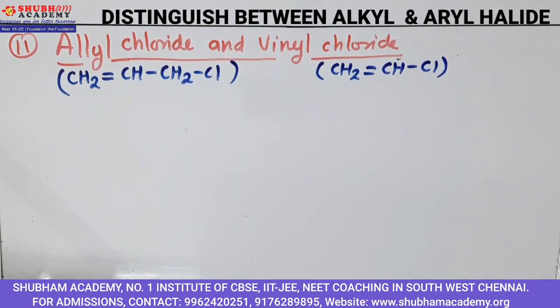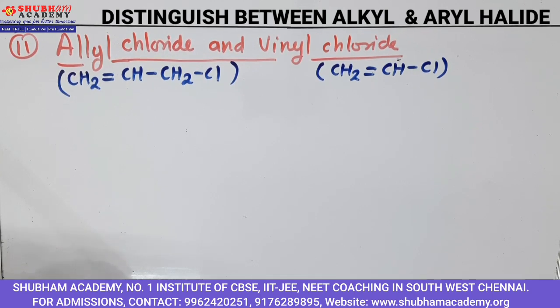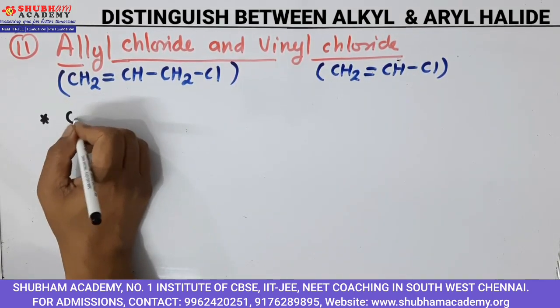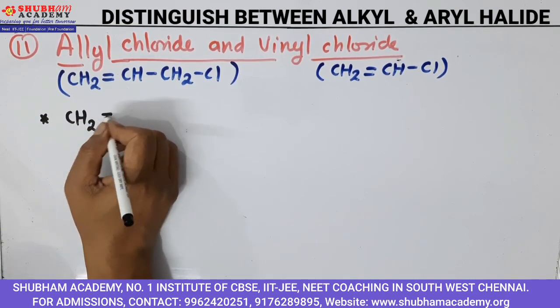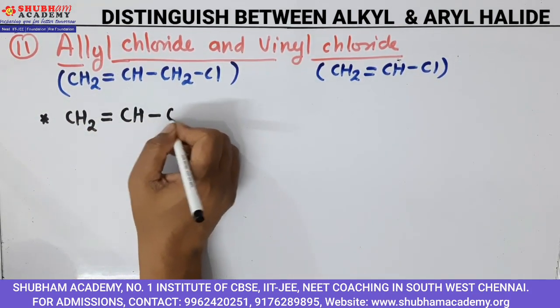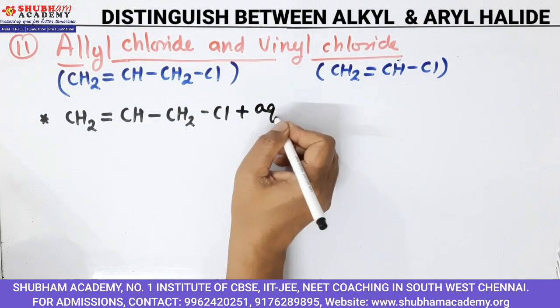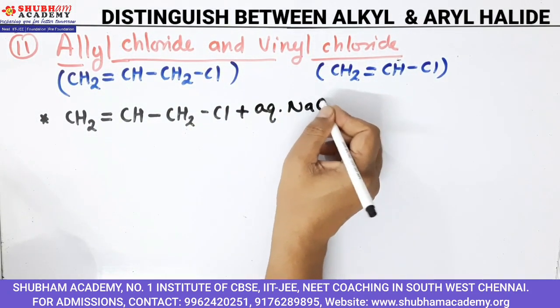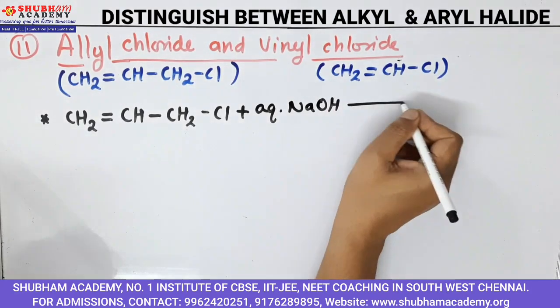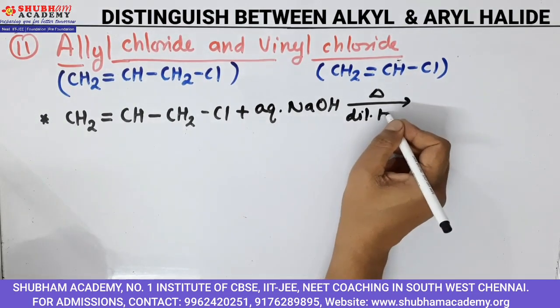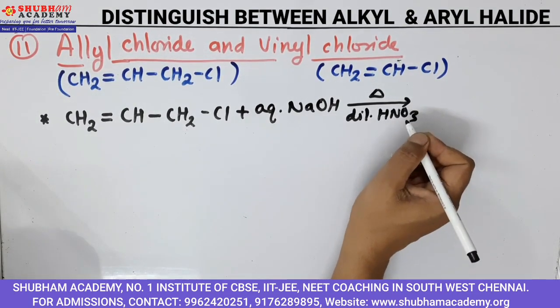Now one by one we will add NaOH and dilute HNO3 to it. So, CH2=CHCl plus aqueous NaOH, heat it, add dilute HNO3, right.